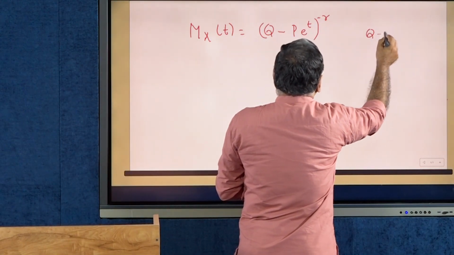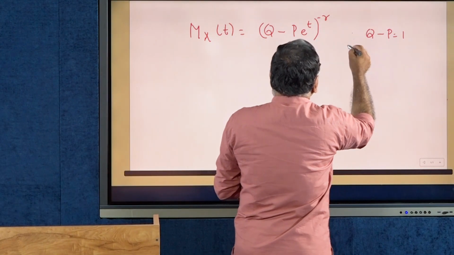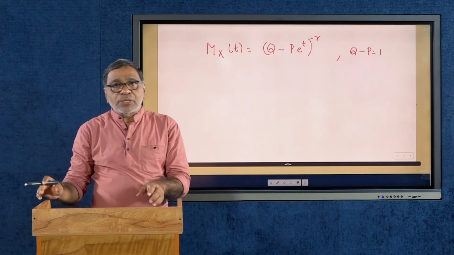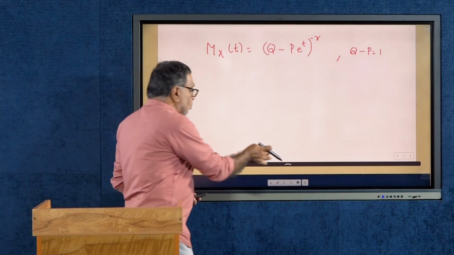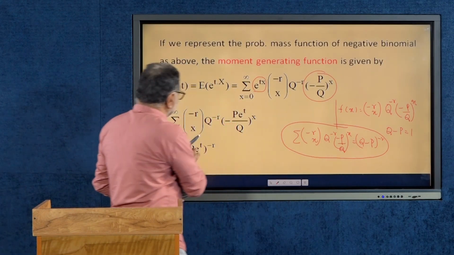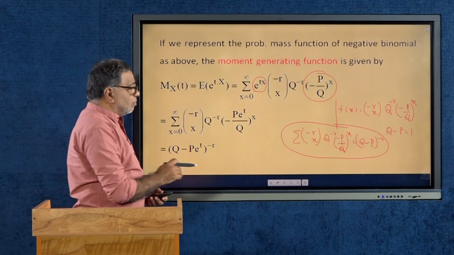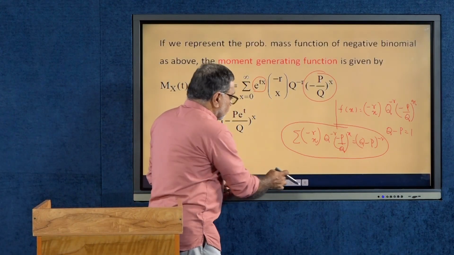Remember, q minus p is equal to 1. So this is our moment generating function of the negative binomial random variable.